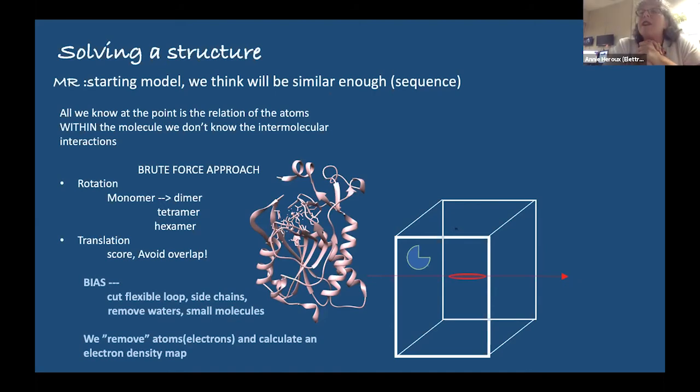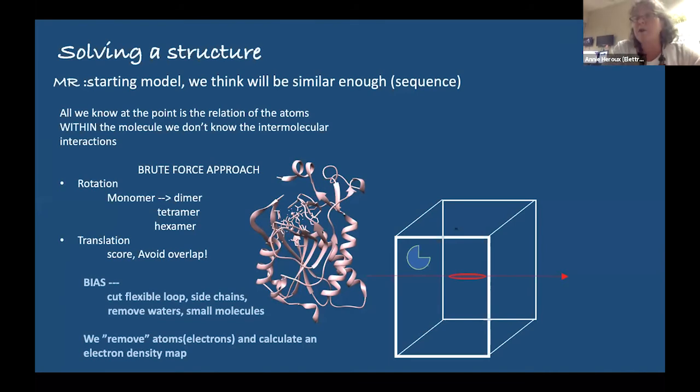So you already have positions for your protein, your monomer or dimer, depending on what kind of assembly it's making. And you're going to make some vectors. It's a little bit of a brute force approach, because you're going to be rotating this and saying, oh, this is already a good orientation. And then you're going to translate that into your cell.